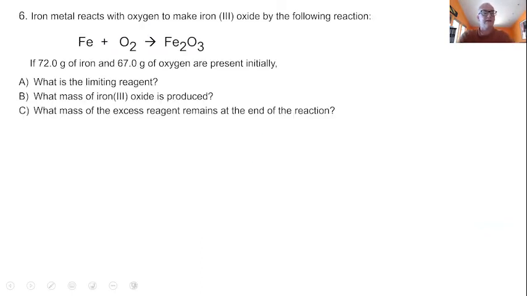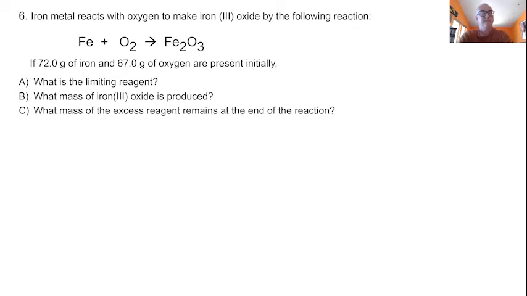All right, so here we have a limiting reactant problem. Again, what's the very first thing we need to look for? Another stoichiometry problem. It's balanced. Need to see if the equation's balanced, right? Is it? No, because we have one atom of iron on the left, but we have 2 on the right.